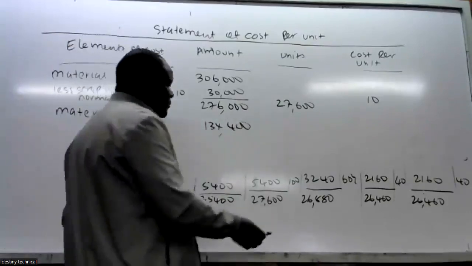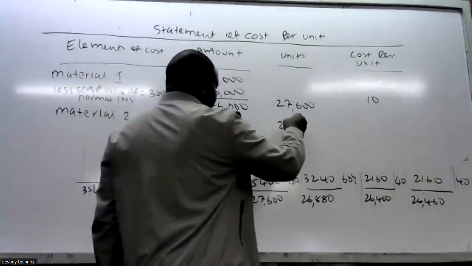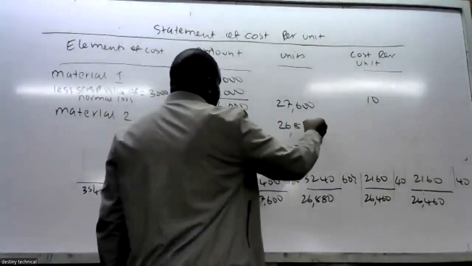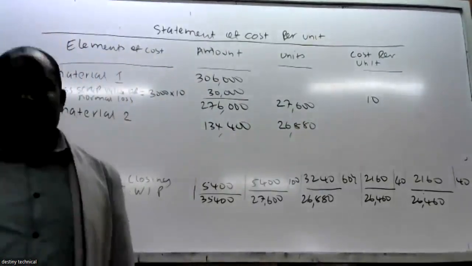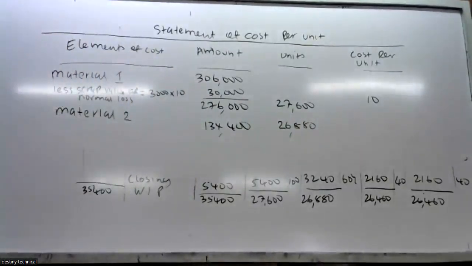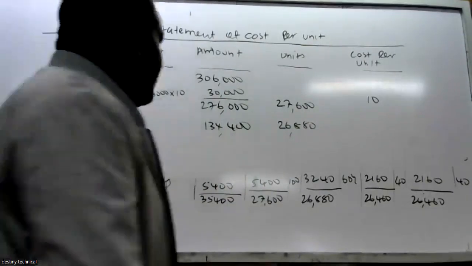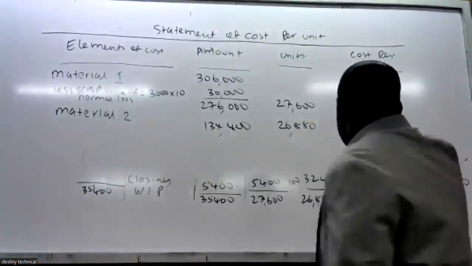Then the material 2 units are 26,880. So that should give you which figure? That one should be 5.